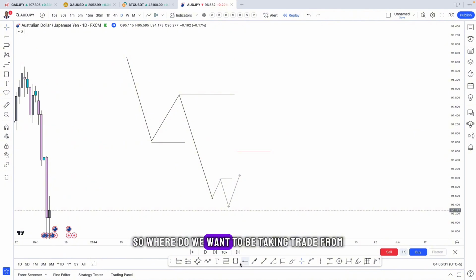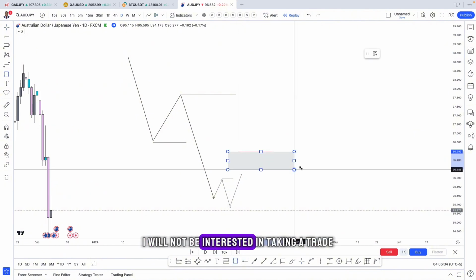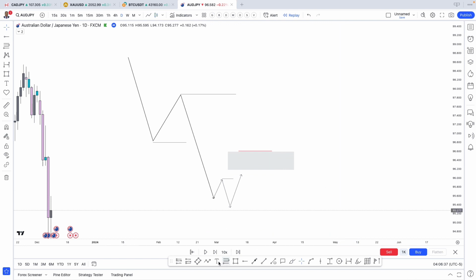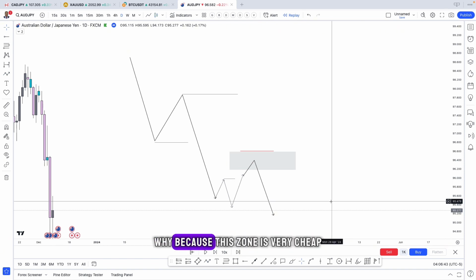So where do we want to be taking trades from? Any trade that comes here, trust me, I will not be interested in taking a sell through this zone. Why? Because this zone is very cheap. Let's assume that you want to buy a product from the supermarket, right?